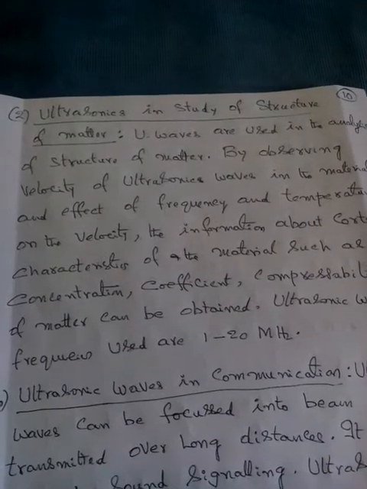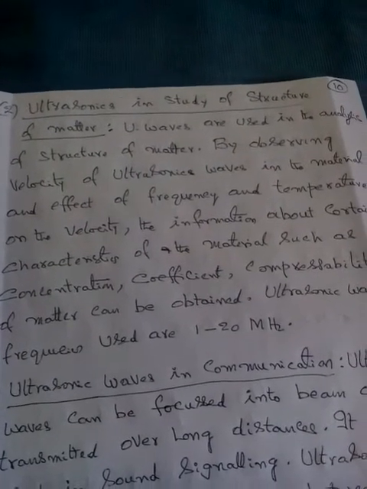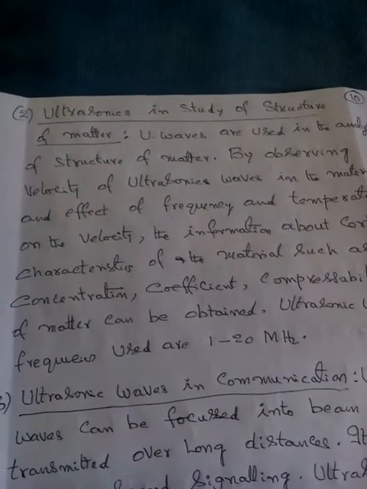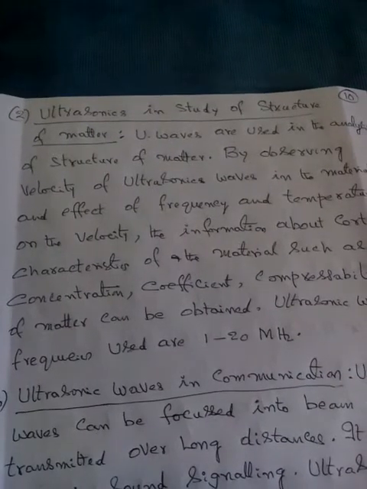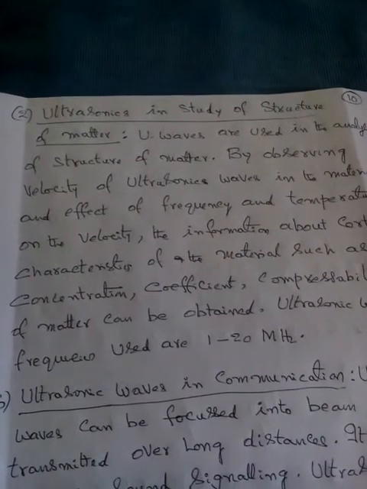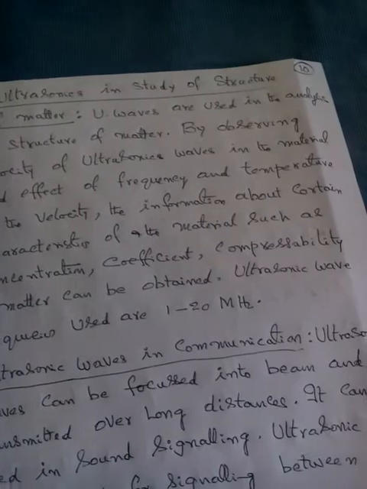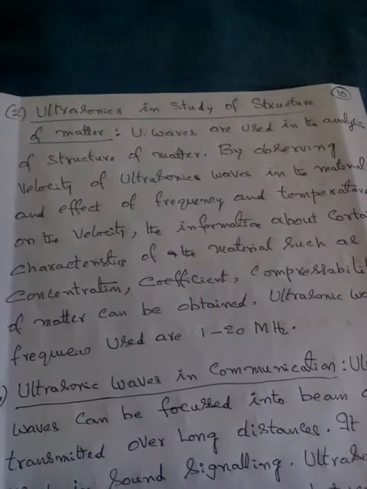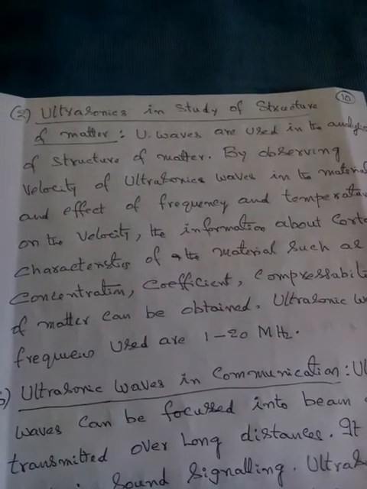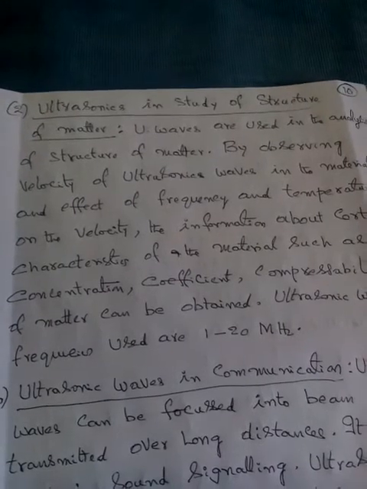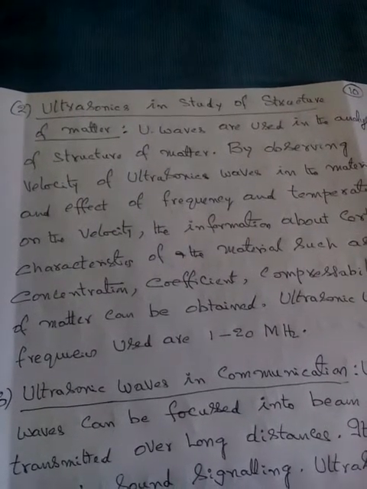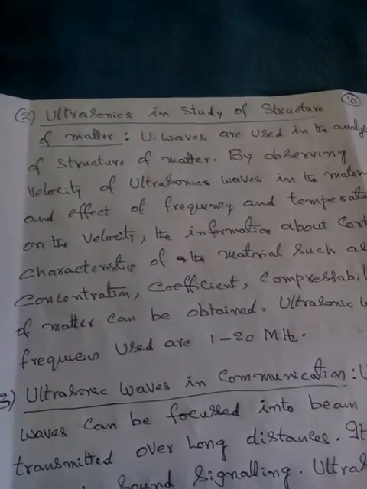The information about certain characteristics such as concentration, coefficient, compressibility of the matter can be obtained. Okay? Ultrasonic wave frequencies used are 1 to 20 megahertz. So it is a very high frequency.